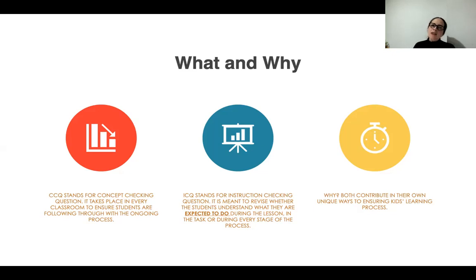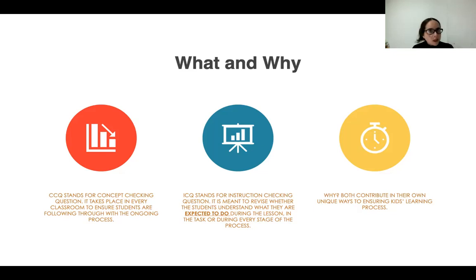ICQ, on the other hand, stands for instruction checking questions. And this means that we are not in classrooms where you are the sole source of the information, and they need to go ahead and process different kinds of objects, information, documents and files, and simply materials that are prepared by you.